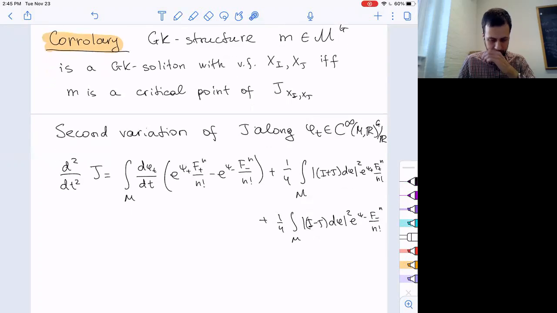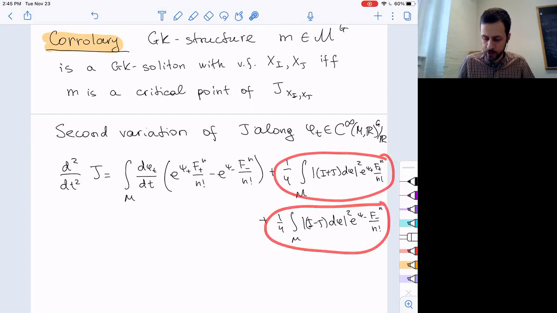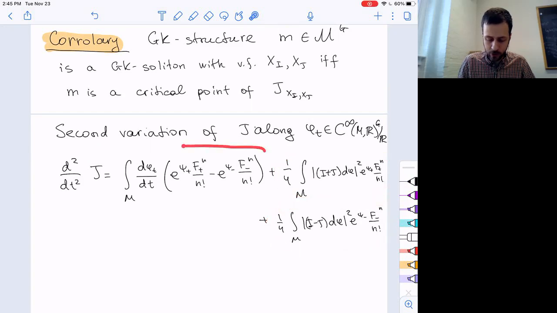Okay, so that's the second variation, and let's see what it tells us. We have two terms which are strictly positive unless phi is constant. And we have a term which could have a sign in general, but which has this volume form inside of it.